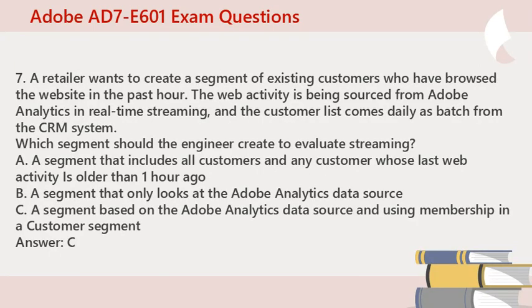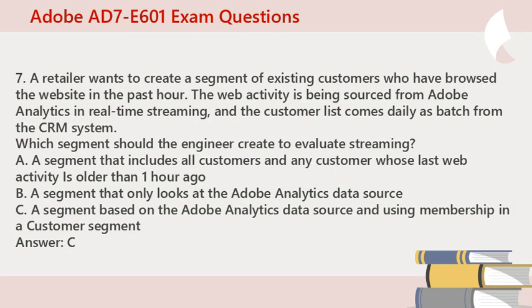7. A retailer wants to create a segment of existing customers who have browsed the website in the past hour. The web activity is being sourced from Adobe Analytics in real-time streaming, and the customer list comes daily as batch from the CRM system. Which segment should the engineer create to evaluate streaming?